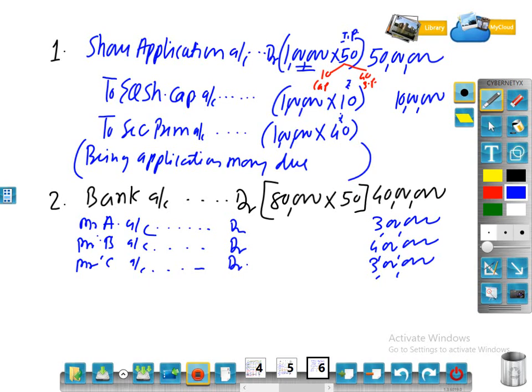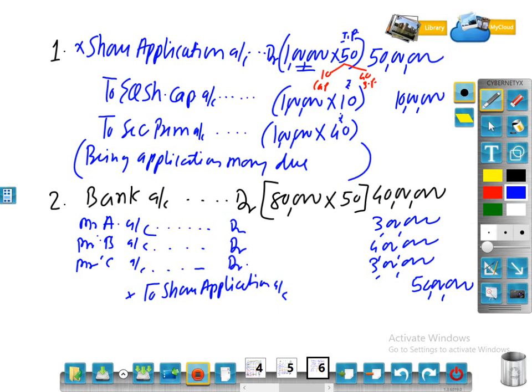So we can close the share application account now. Share application account 50 lakh. Ultimately we are going to close this share application. See, here debit and here share application credit. It gets closed.